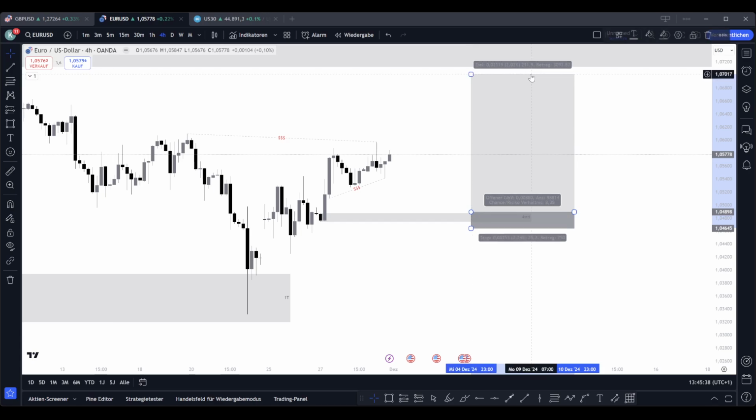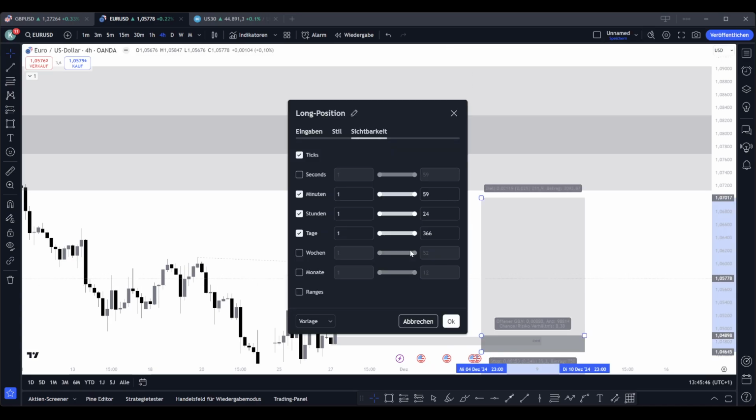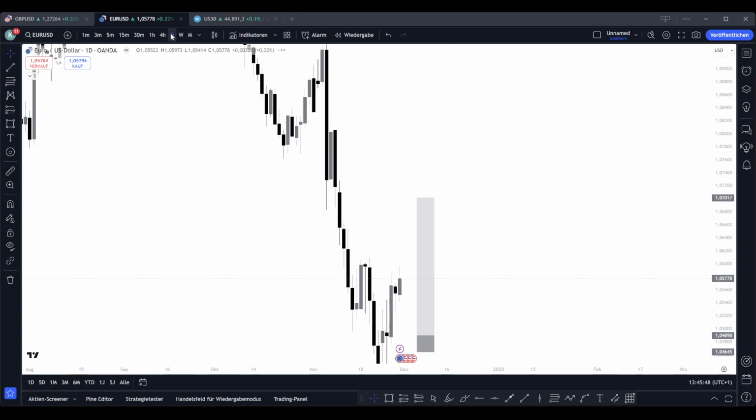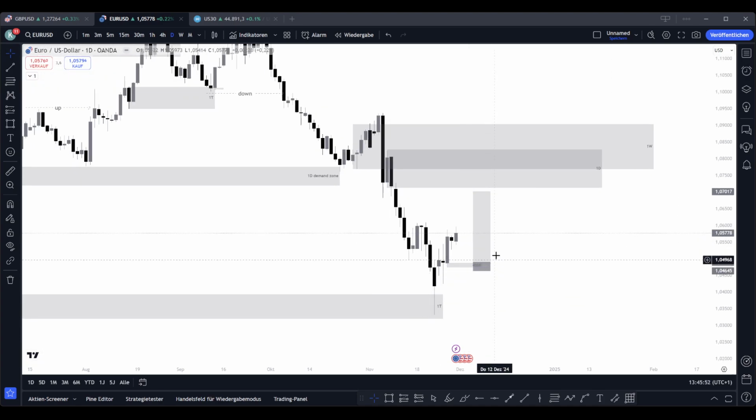I'll be targeting that zone right up. This is that weekly supply zone and that monthly supply zone. If I go back to a daily time frame, you guys will see clearly what I'm saying. So this is why I'm expecting a buy to occur on EURUSD, to go up and target that daily supply zone and that weekly supply zone.